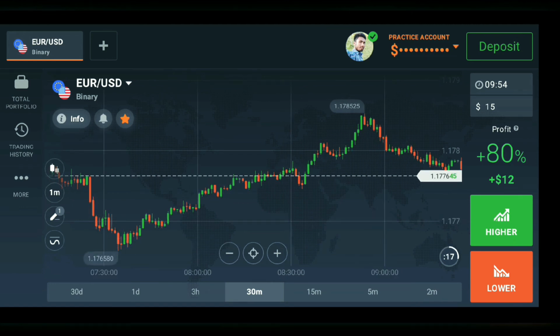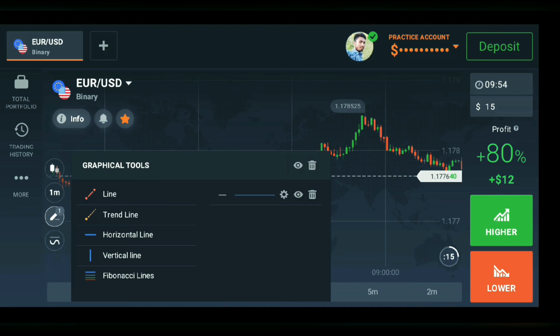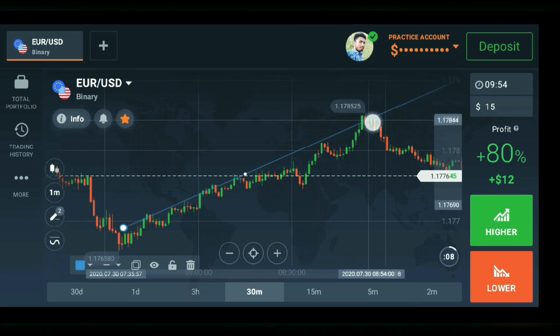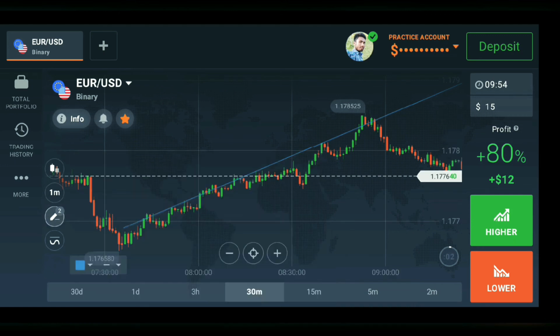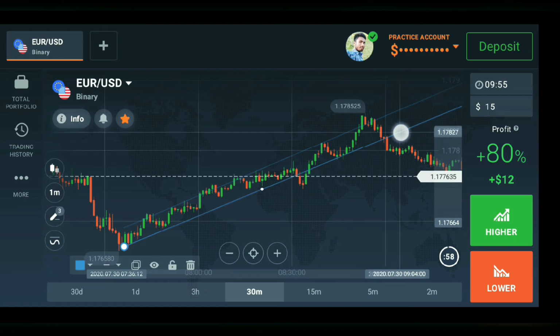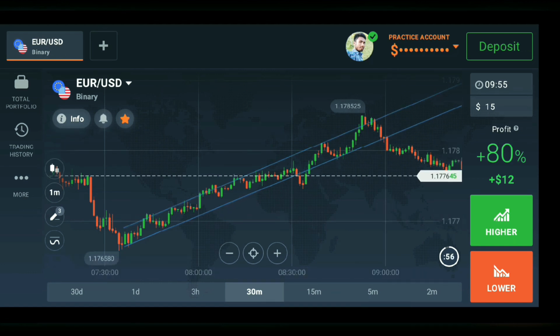Here also, from here to here you can see market is making higher high to higher low, right? You can see market is making higher high to higher low.